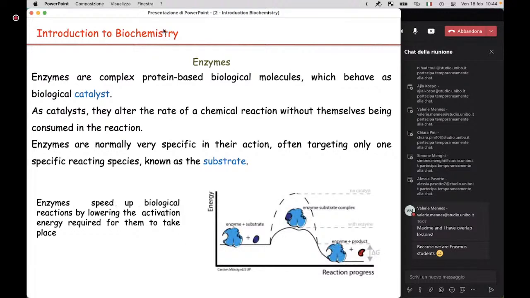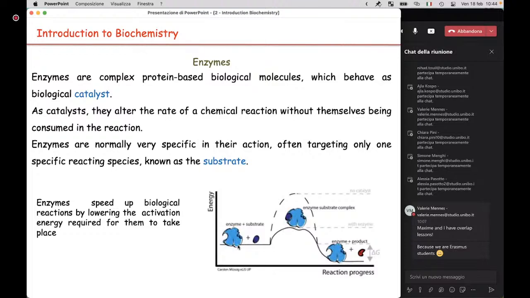Okay, this is in more detail the function of enzymes. So enzymes, as I said, are proteins, and they have the function of facilitating reactions. Normally, here in the graph, you can see that we start with reactants.